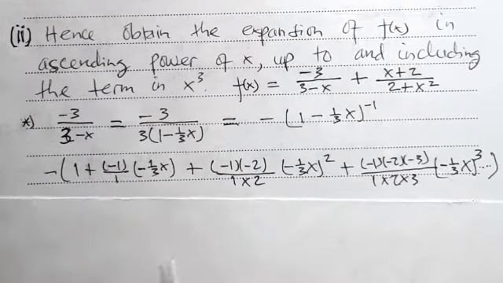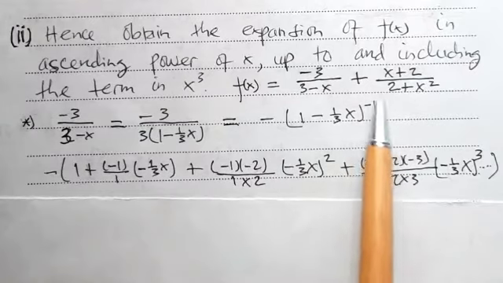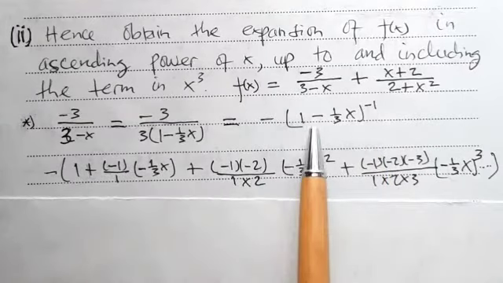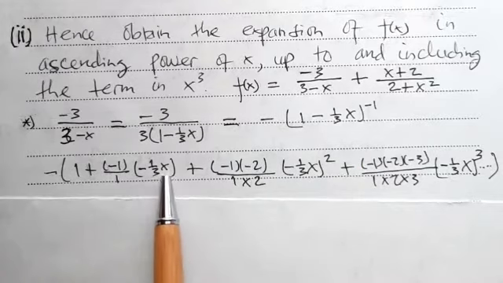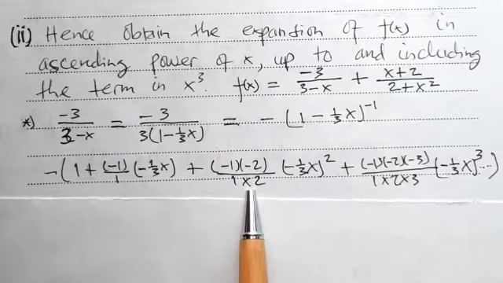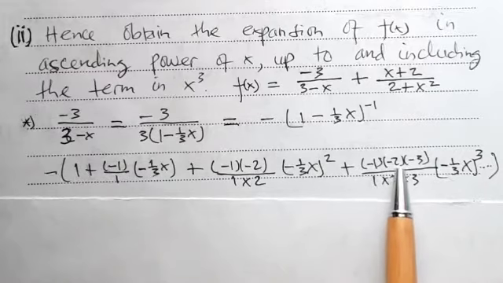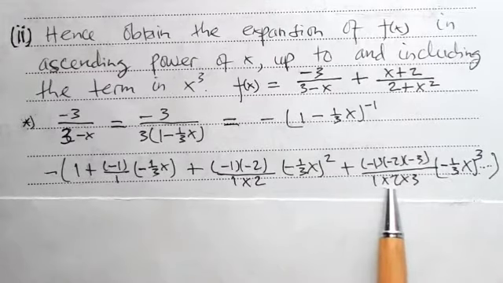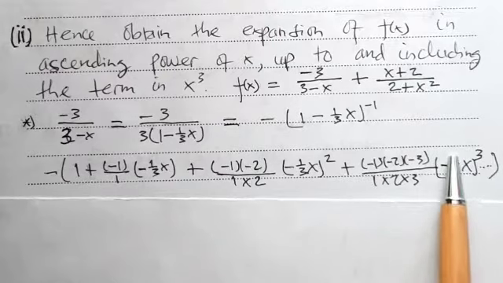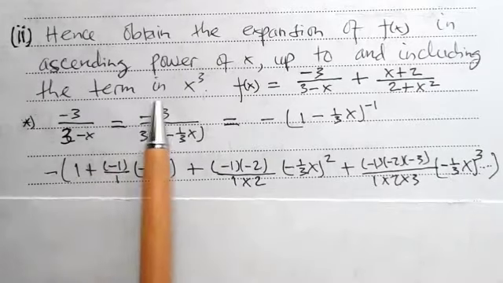Now we use binomial expansion for this part: 1 plus index minus 1 per 1 times minus 1 over 3 x, plus minus 1 times minus 2 over 1 times 2 times minus 1 over 3 x squared, plus minus 1 times minus 2 times minus 3 per 1 times 2 times 3 times minus 1 over 3 x cubed, plus etc. We stop here because we need up to the term in x cubed.